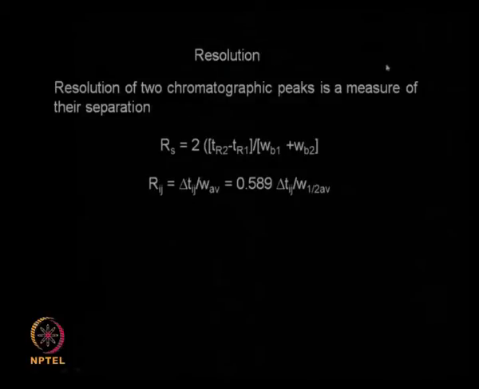So the equation given here is resolution is given by the distance between the two retention times, TR2 minus TR1, or delta T, divided by the width of the peak at the base, or conversely the resolution is given by the difference in retention time, that is delta T, divided by the width at half maximum, that is the average of the width at half height.